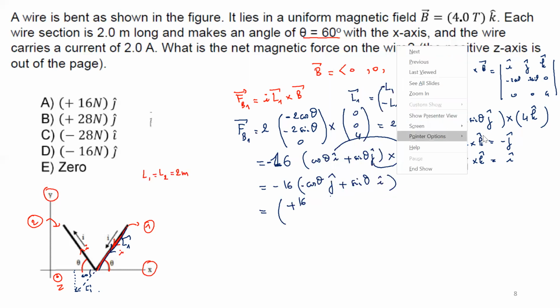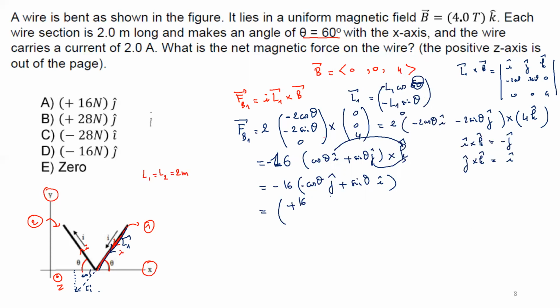What do I have along I hat? Here I will have minus 16 sine theta along I hat. Along J hat, I will have plus 16 cosine theta, and along K hat, I have 0. So this is my vector, FB1.